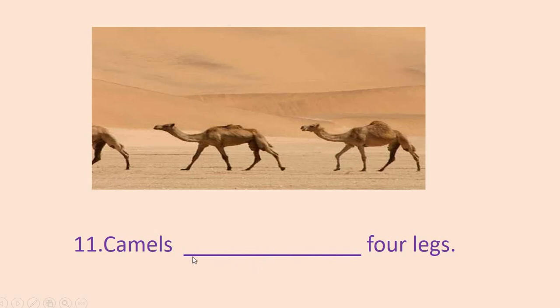Do you remember? Here you have to use has or have. Can you answer? Yes, most of you know this. Very good. Camels dash 4 legs. See the spelling.